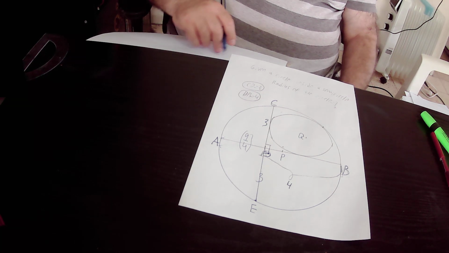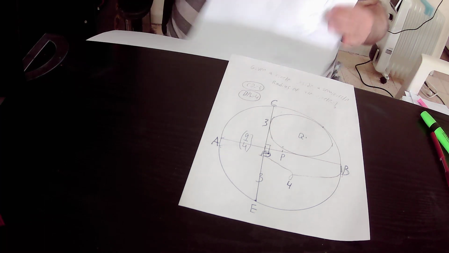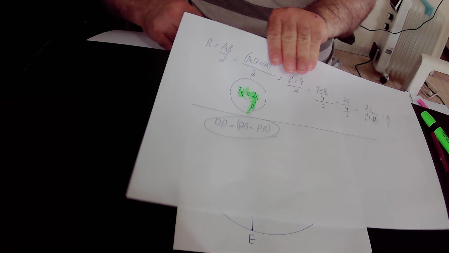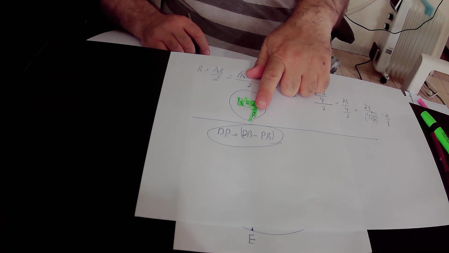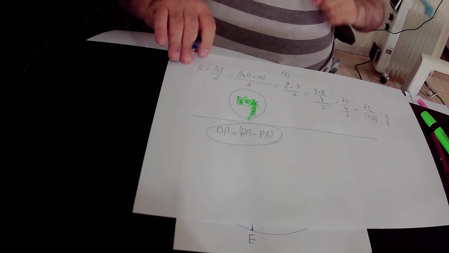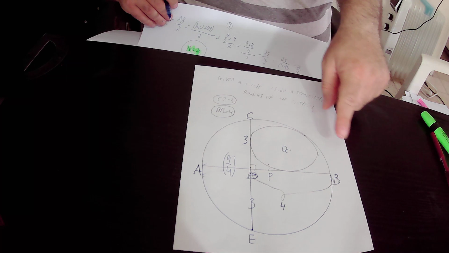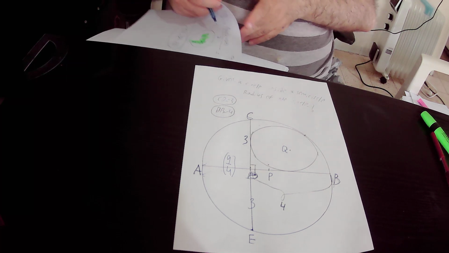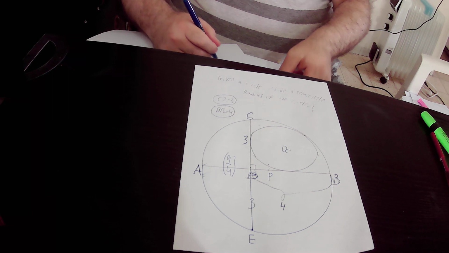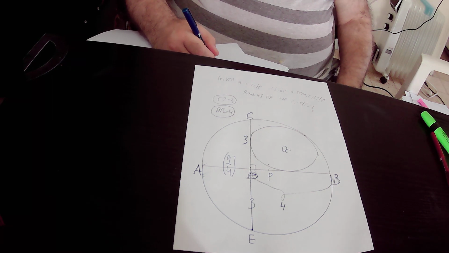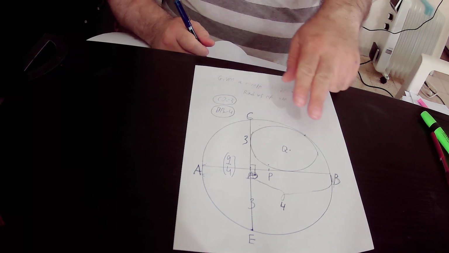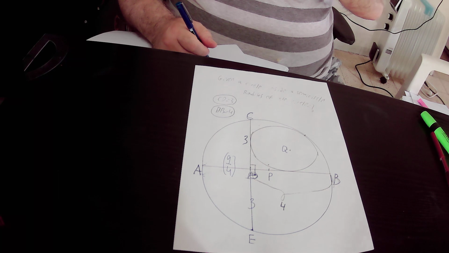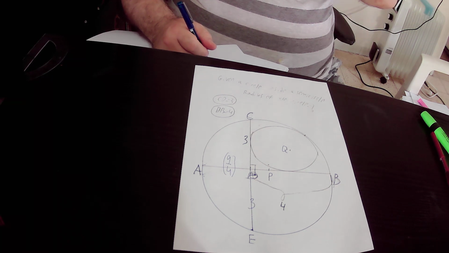And repeat again. The length of the short line segment DP is equal to DB minus PB. DB equals 4 units according to what is given in the question. So we'll substitute DB by 4, minus PB. P is the center of the big circle. B is a point on the big circle itself. This is exactly the definition of a radius.